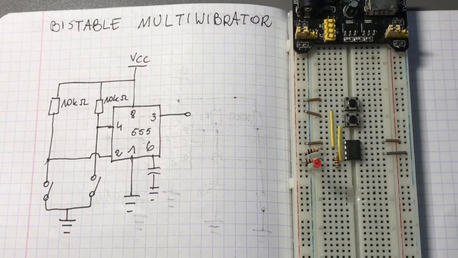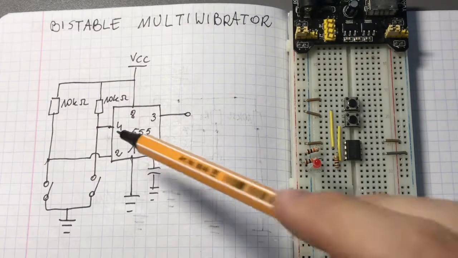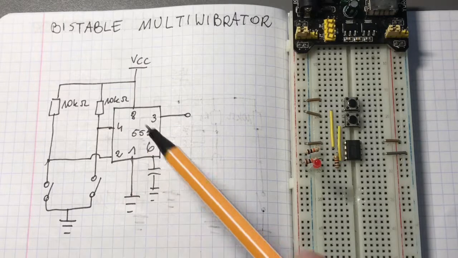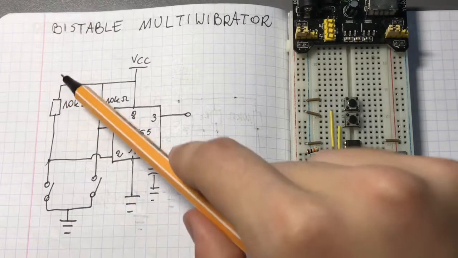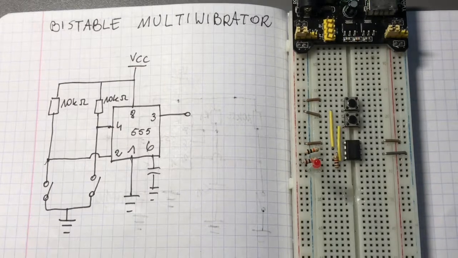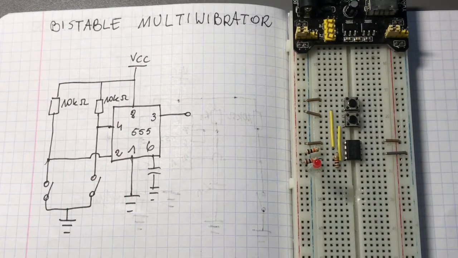The one connected to the fourth pin just resets the IC, and this one pulls the voltage on the second pin, the trigger pin, and it makes the flip-flop flip.